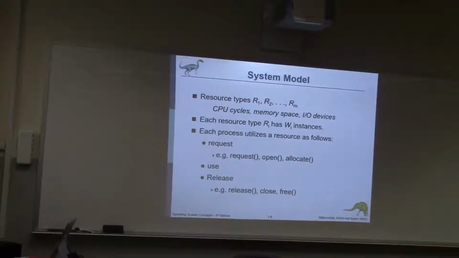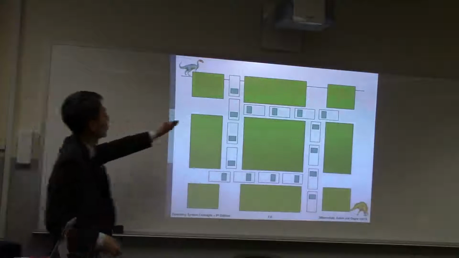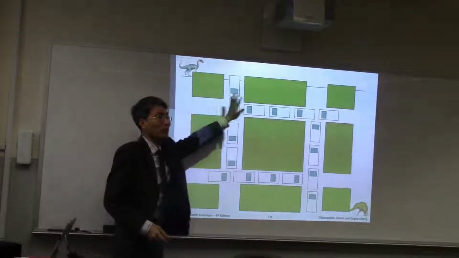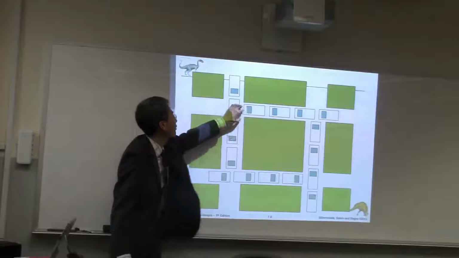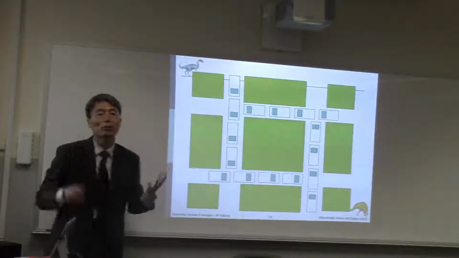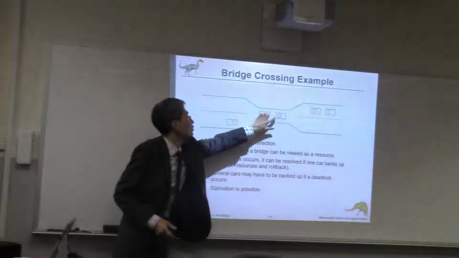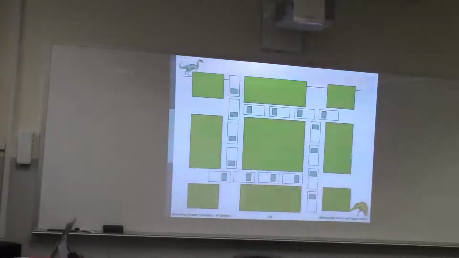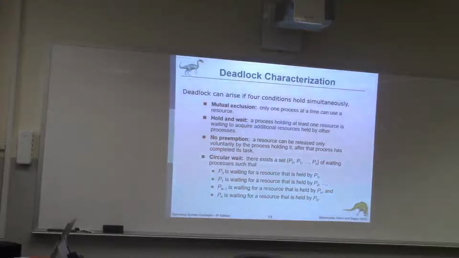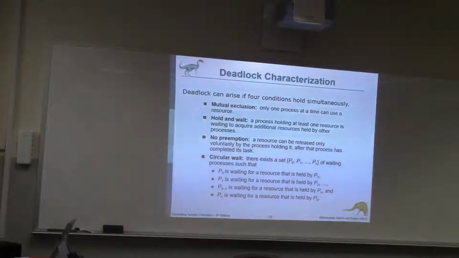If this road is shareable, like if there is a bridge or a tunnel or another way, then there might be no problem. Only mutual exclusion may cause the deadlock situation. In other words, all cases of deadlock involve mutual exclusion of a resource.